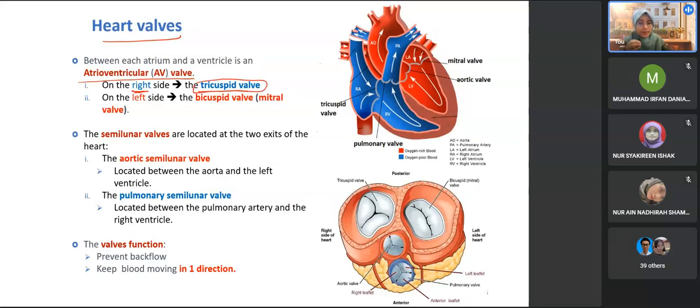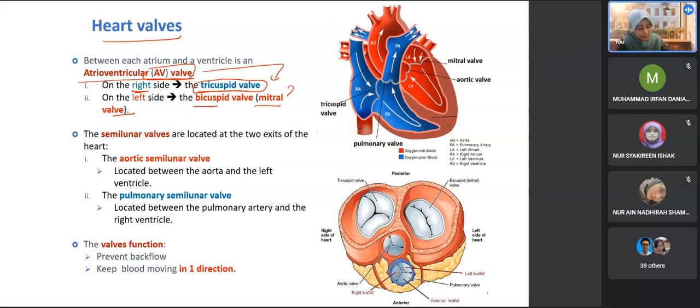In between the left atrium and left ventricle is the bicuspid valve or mitral valve. Okay, but untuk awak senang ingat, you can also answer as AV valve, unless the question wants specific names. So you have to also know lah dia punya nama dia.